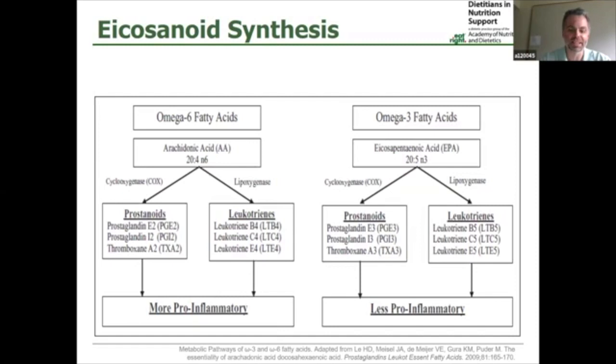They are also involved in the intensity and the duration of inflammation. And so the kind of eicosanoid that the body makes does dictate what kind of inflammation response a person's body responds to.